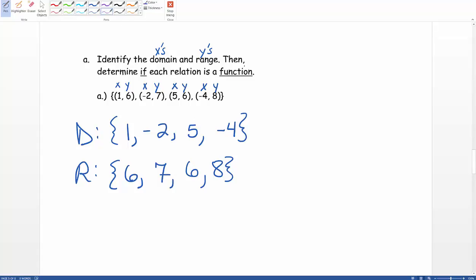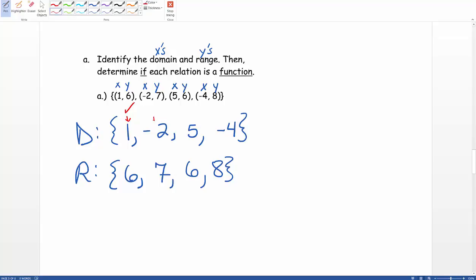Now in looking and checking to see, is this a function or not? Well, we go down the line with our different x values and see if we have any repeating x values. So what I mean by that, if we just look, for example, at this first value 1, looking down the line for our x values, we see that there are no other 1s over here. So this first one would be okay.